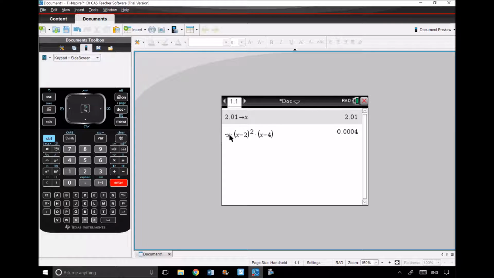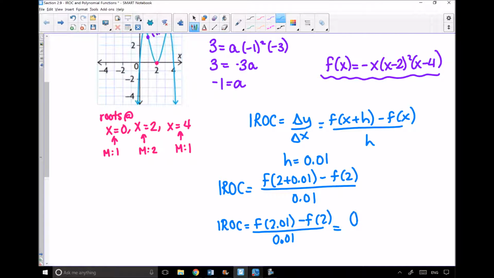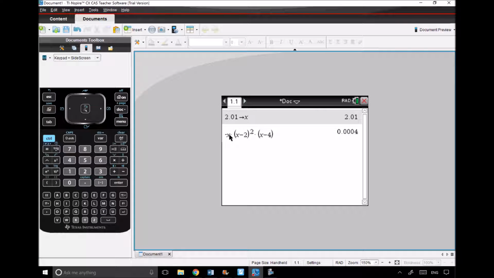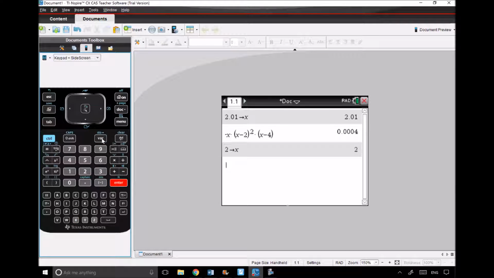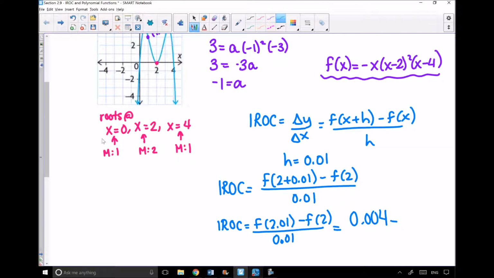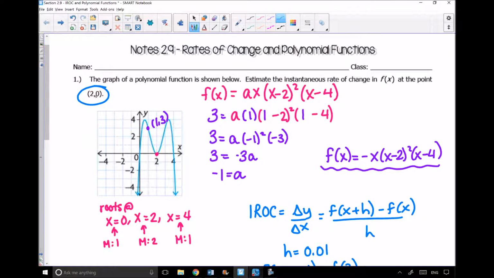So I get 0.0004. Minus, I'm going to do the same thing, but this time I'm going to store 2 in as x. So 2 stored in as x, I'm going to go up and highlight, press enter, and I get 0, which should make sense because A, it tells us that it's at (2, 0), and B, we have a root at 2.